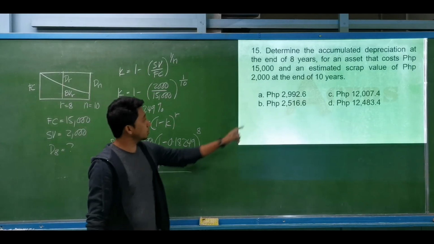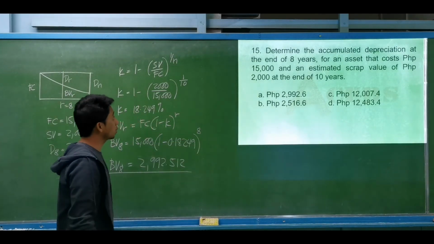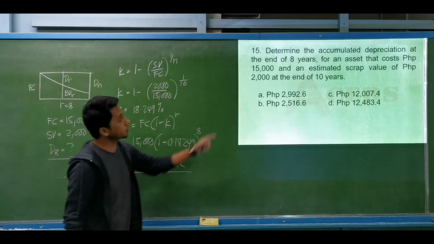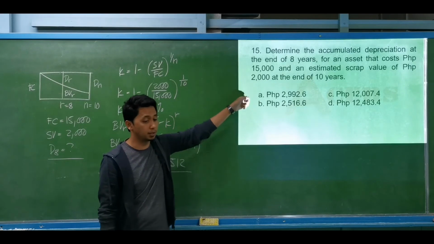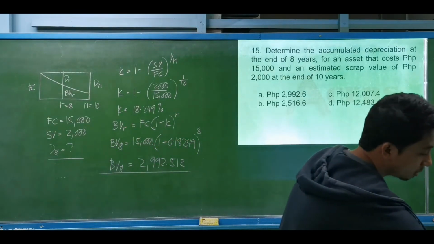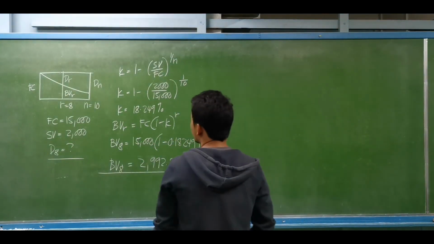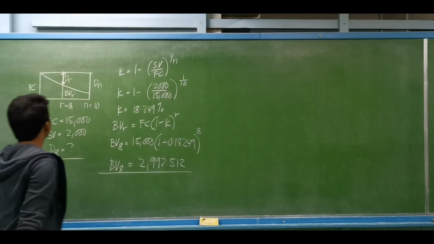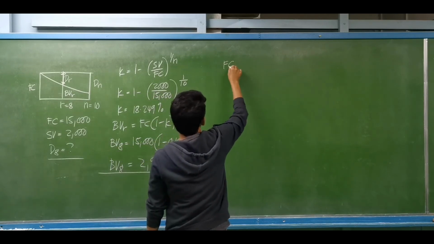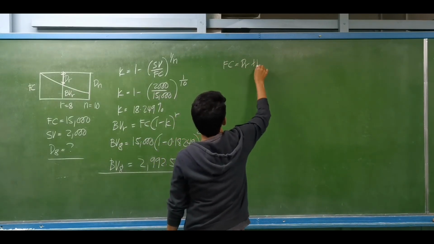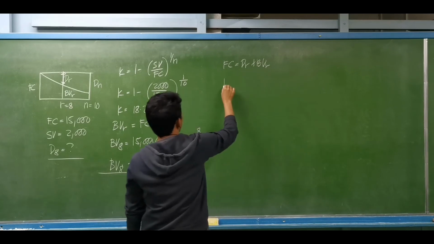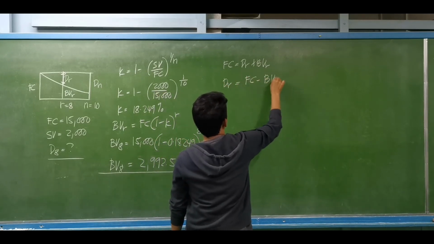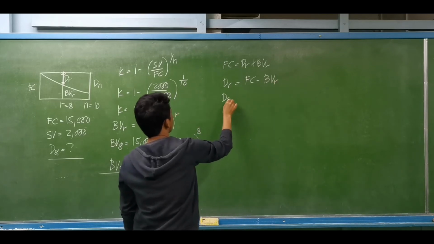But we have here on the choices letter A, but that is not what is required. Take note that we are looking for the accumulated depreciation after 8 years. We are looking for D sub 8. So how to compute for D sub 8? Again, the first cost is equal to the D sub R plus book value R. Therefore, D sub R is the same as first cost minus book value R. We are computing for D sub 8.